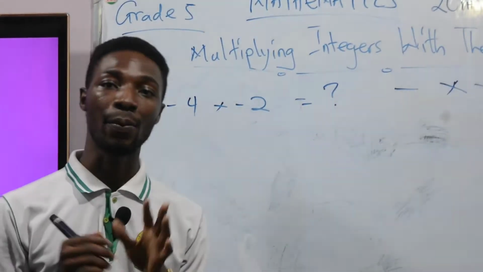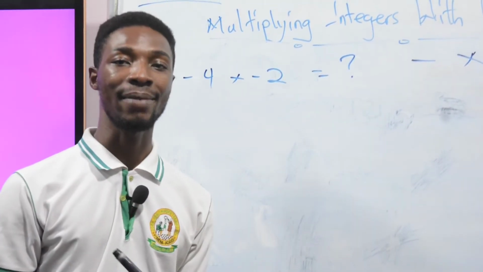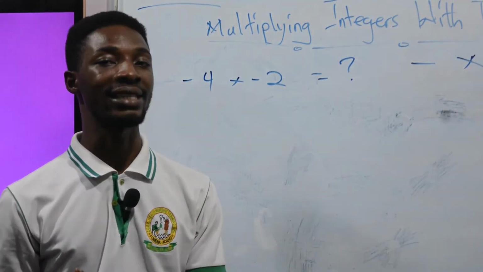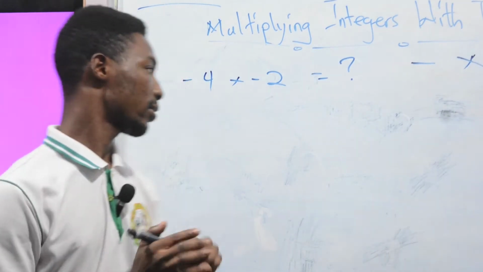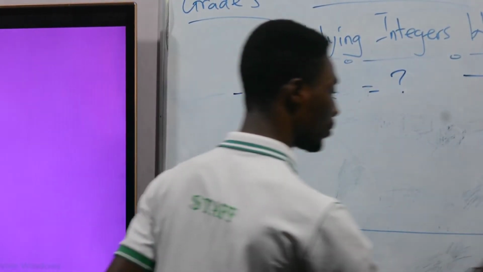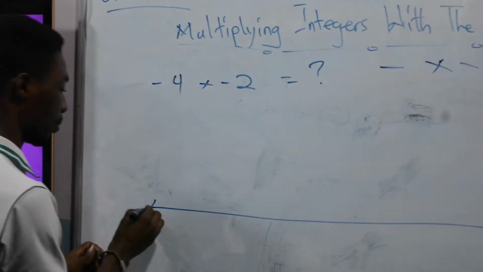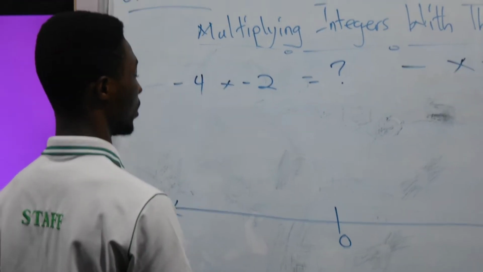Because we are going to get a positive answer, our number line must have both positive numbers and negative numbers. So let's draw our number line. 0.